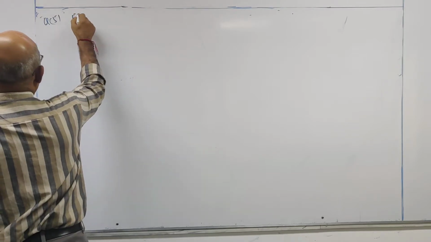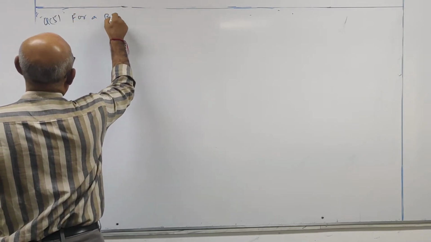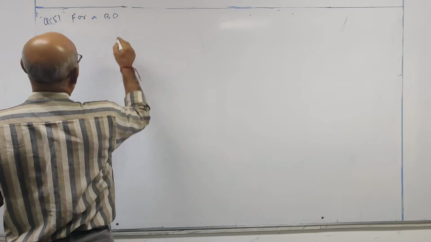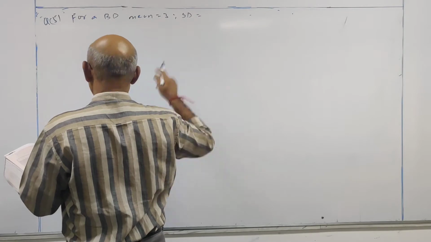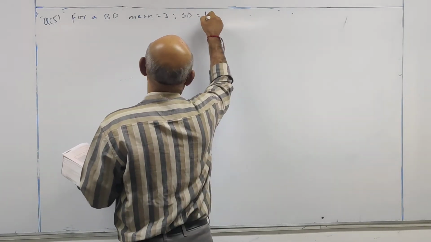For a binomial distribution, mean is equal to 3. Standard deviation is equal to 1.5.